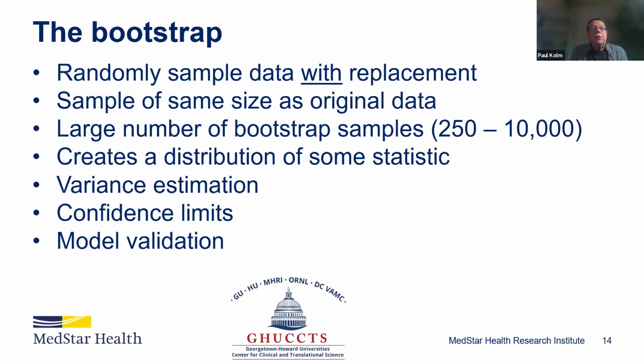Typically we do a large number of bootstrap samples, usually anywhere from 250 on up. 250 is the recommended minimum for calculating variance or a standard deviation. Basically, it creates a distribution of some statistic. We can use that for variance estimation, calculating the standard deviation, confidence limits, and we can use it for model validation as well.